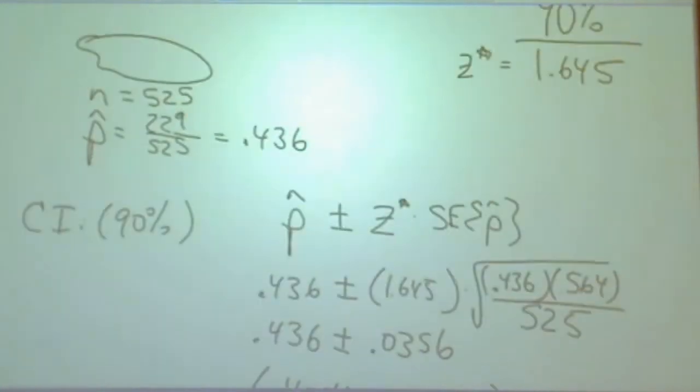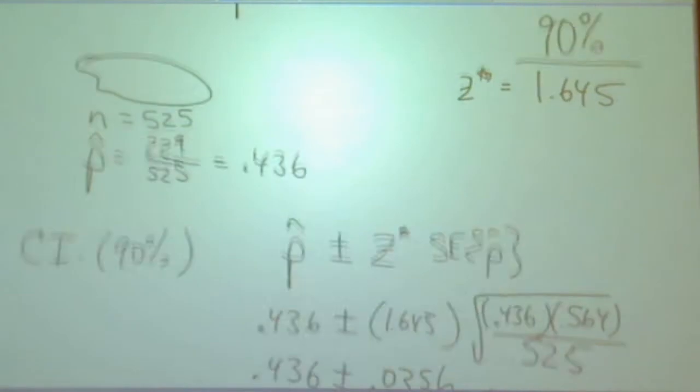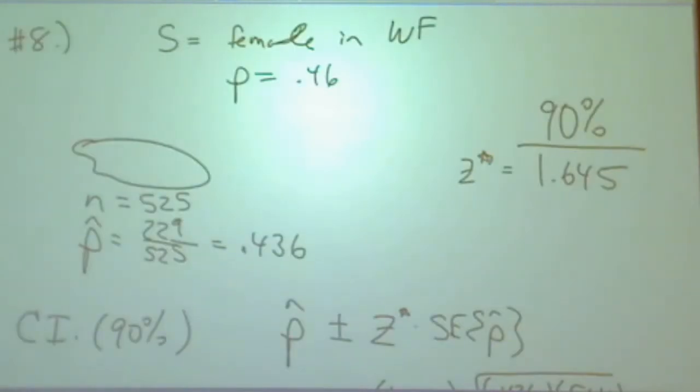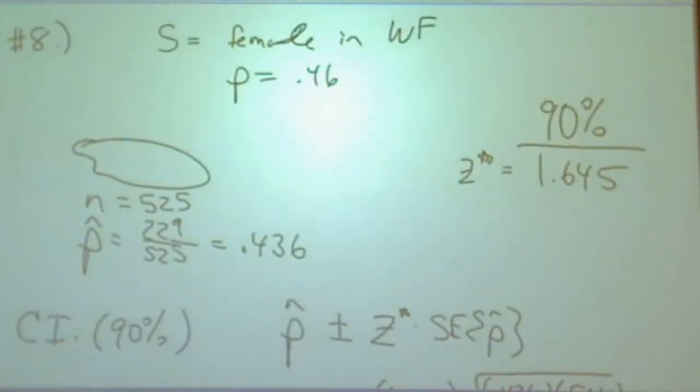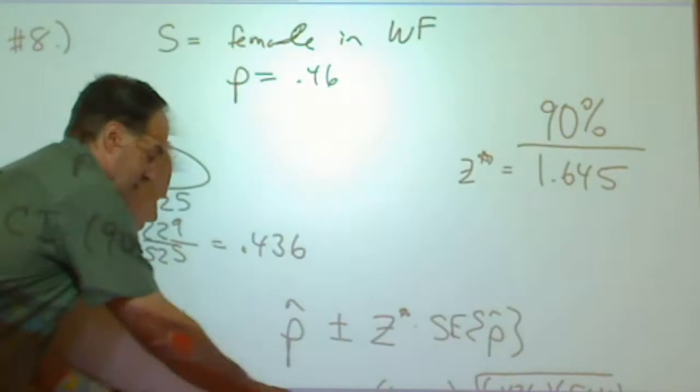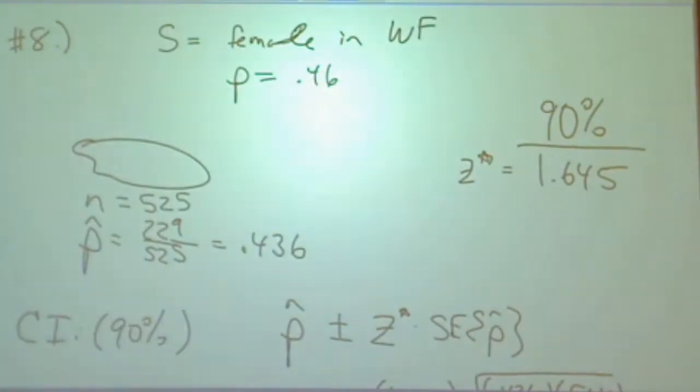In question number 8, the difference is, did we ask for a confidence interval, or were we asking a question? The question is a hypothesis test. That's when you've got less than, greater than, not equal. Confidence interval is the other stuff.